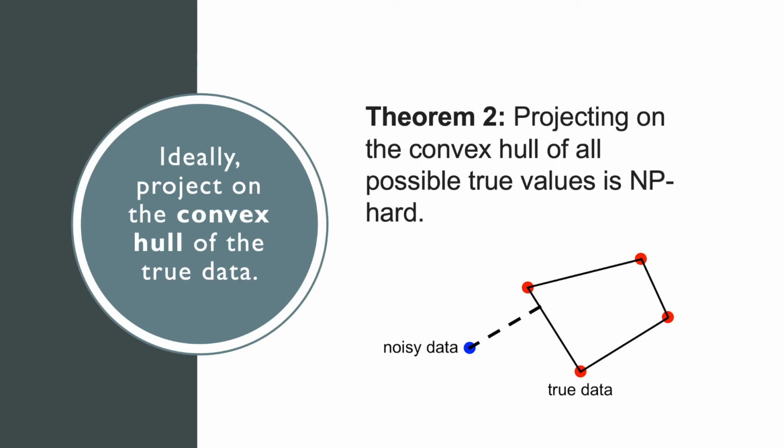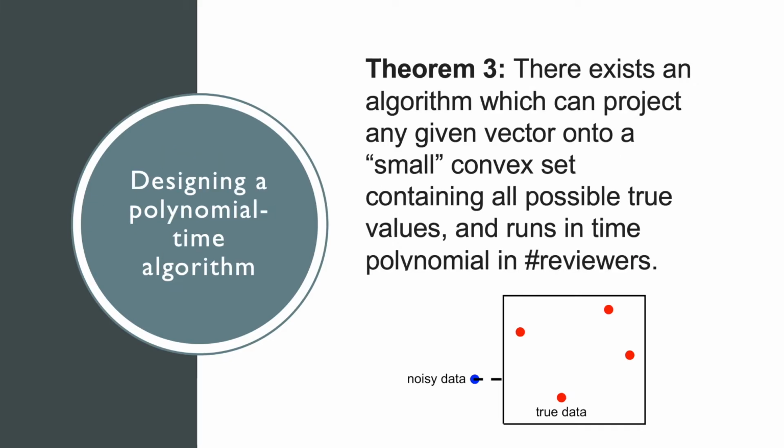However, we prove that projecting on the convex hull of all possible true values is NP hard. This implies that projecting onto the convex hull is not time efficient, and therefore we look to project onto a convex set containing all true values.